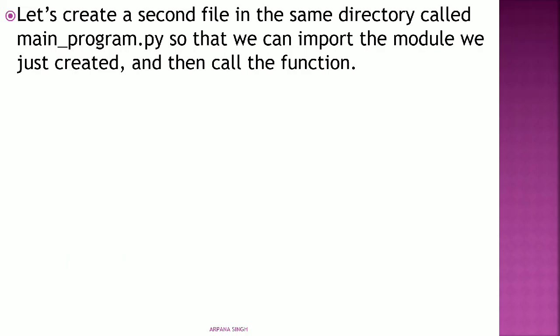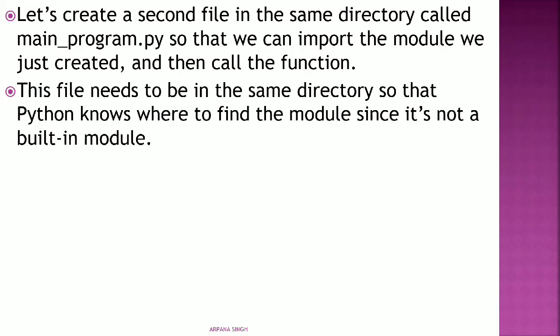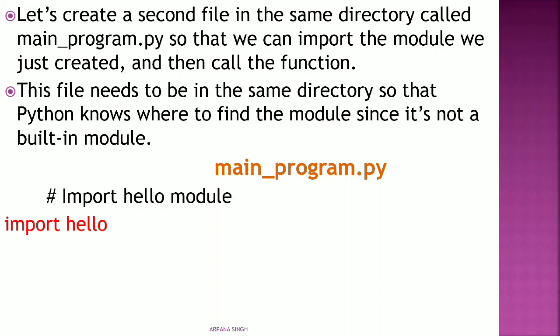Let us create a second file, and I will name the second file as mainprogram.py. And I will create the second file in the same directory or the folder. So this is the program which will be saved with the name mainprogram.py, and in it I will write import hello.